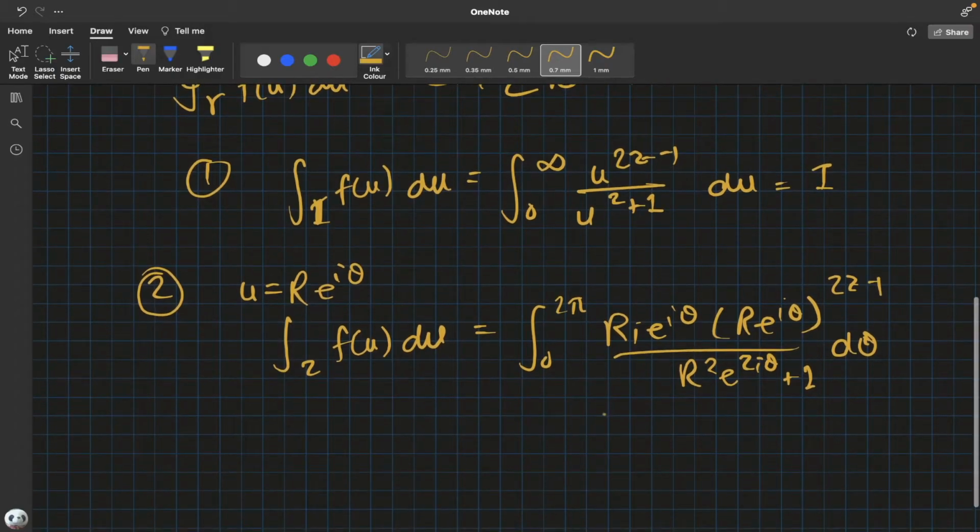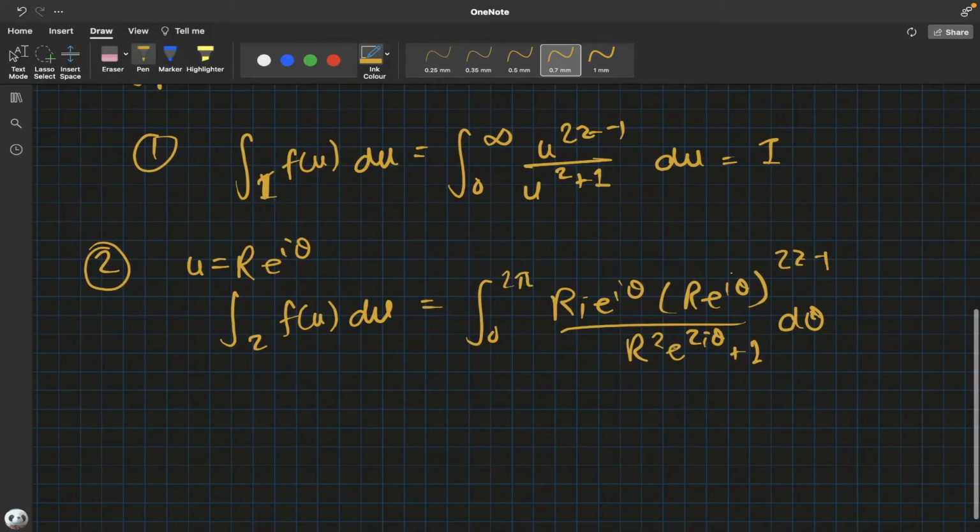You can use any argument you want. The integrand is bounded, so the integral vanishes. The denominator will make everything go to 0 when we take the limit as r goes to infinity.